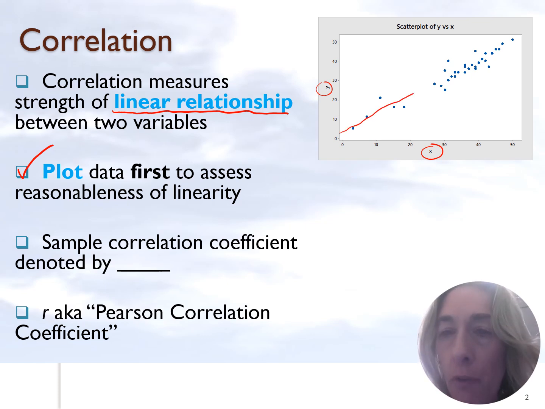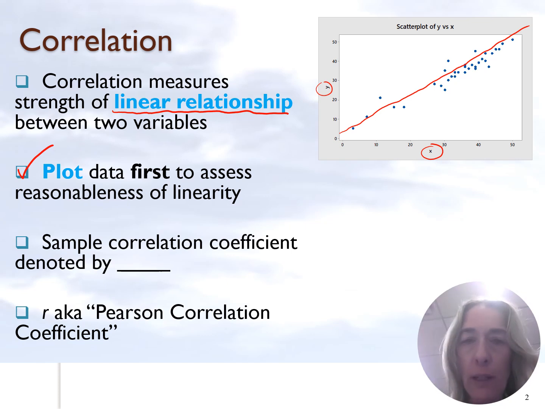It's not a perfect linear relationship. Those points don't all lie on that straight line, but it's close. So after having plotted that XY data, I would proceed, if I wanted to, with calculating an actual correlation or correlation coefficient between X and Y.